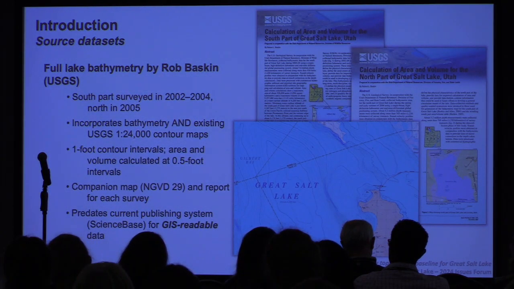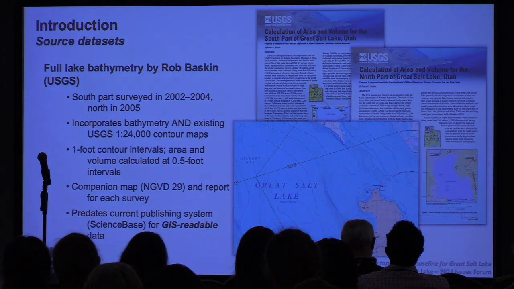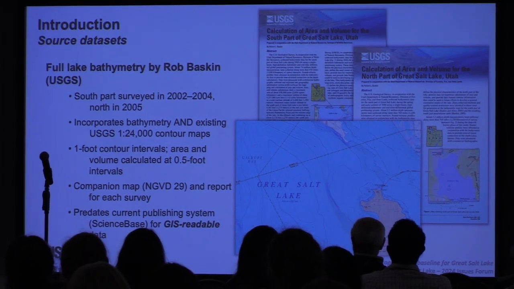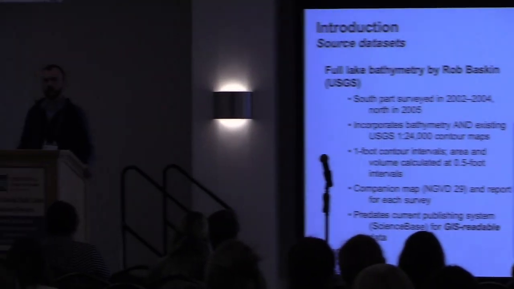Okay, so just looking at some of the source data sets, specifically the bathymetry that Rob Aston did. He surveyed the south arm of Great Salt Lake between 2002 and 2004, and then the north arm in 2005, and published the reports and maps associated with those surveys the following years from those surveys.